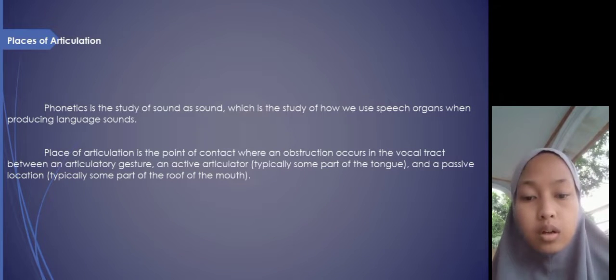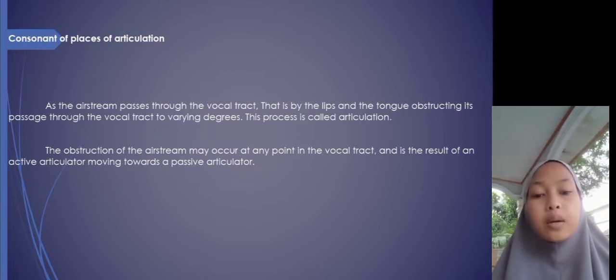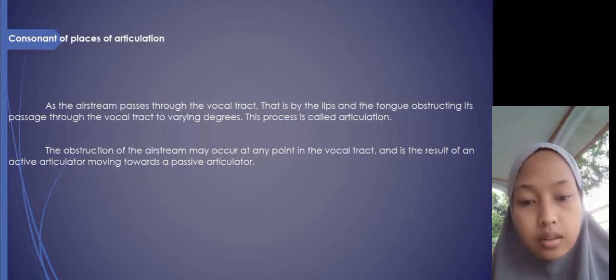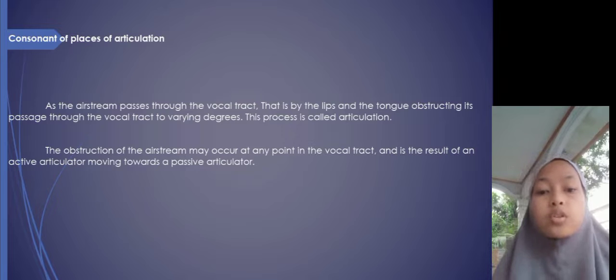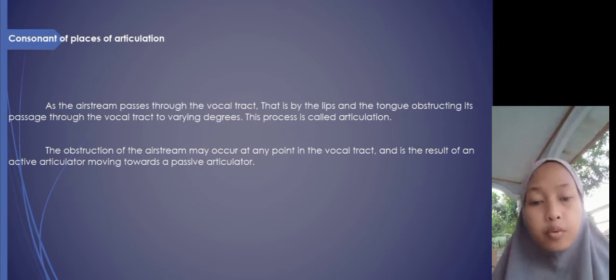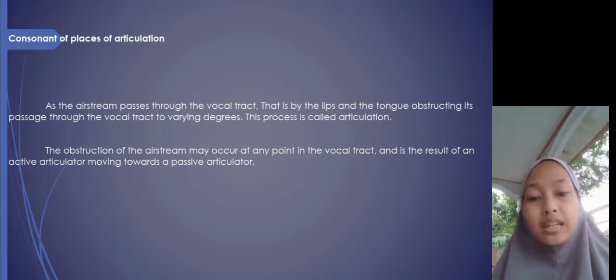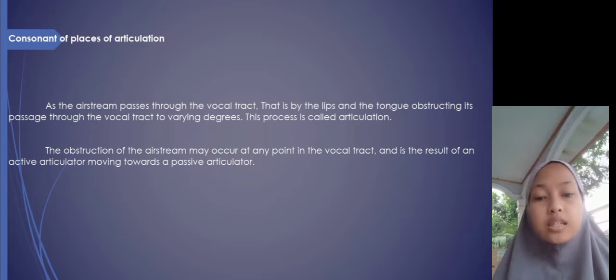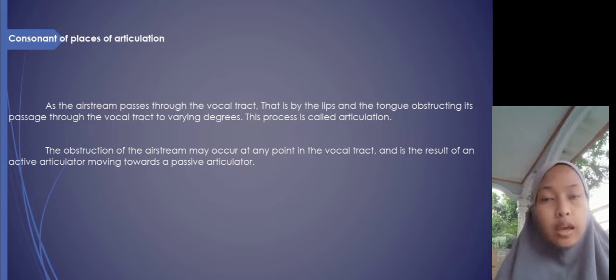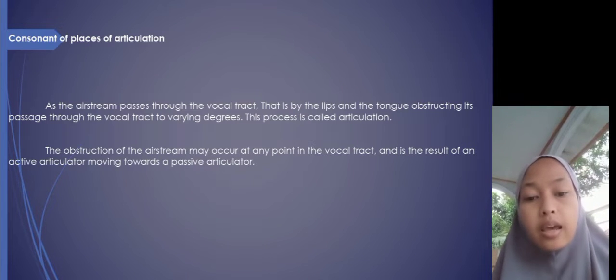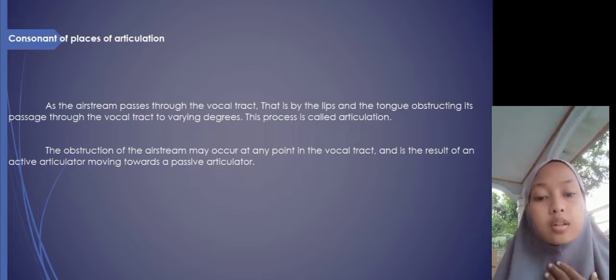I will explain about the process, how we get our pronunciation of consonants. The process is, for the first, air builds up in the lungs, and the second is air then moves towards the trachea, larynx, and then pharynx.